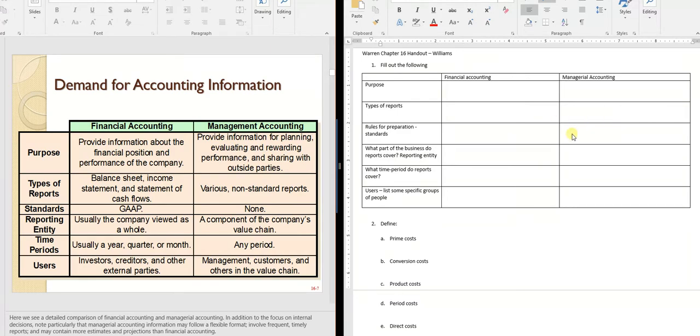I like to make the parallel between financial accounting and managerial accounting in sports. Let's say that we play football or basketball or some sport. If we're going to invite other schools to attend and play against us, we need to follow a formalized set of rules.